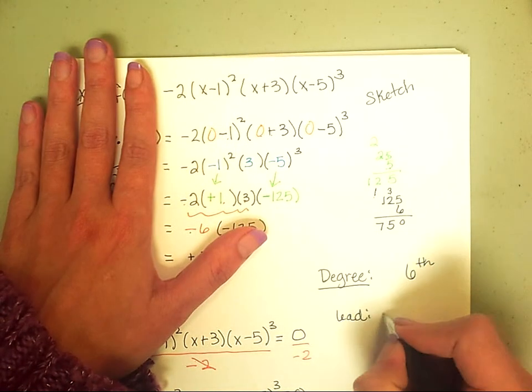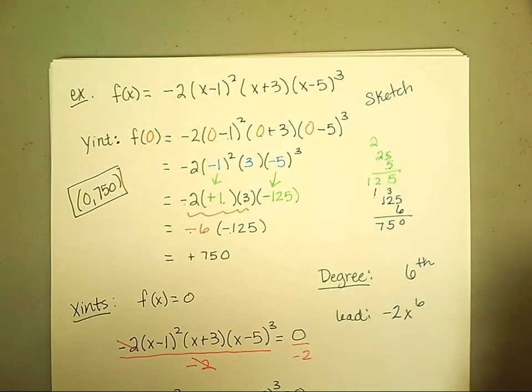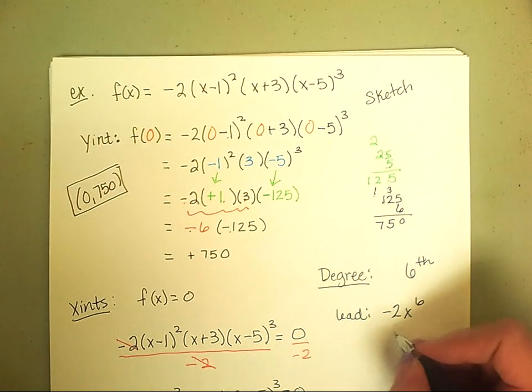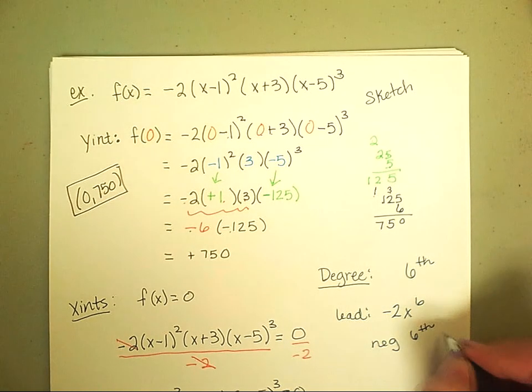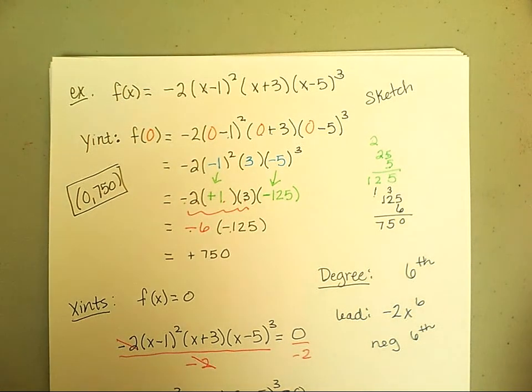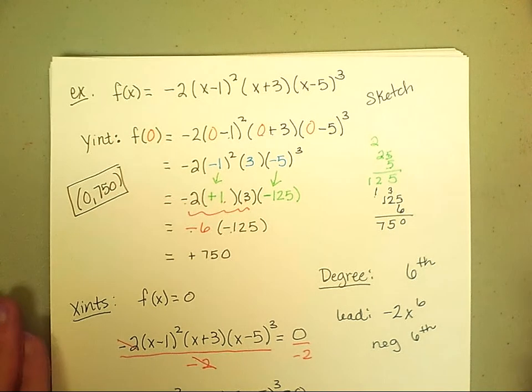But our leading term here has to be multiplied by negative 2, so our leading term is negative 2x to the 6th. Okay? So this is a negative 6th degree. You would find that if you multiplied everything out, but don't waste your time doing that. Make sure you can just read these things from here.